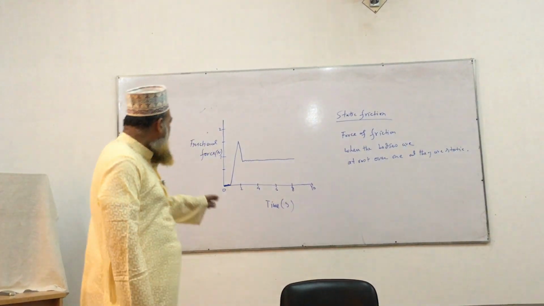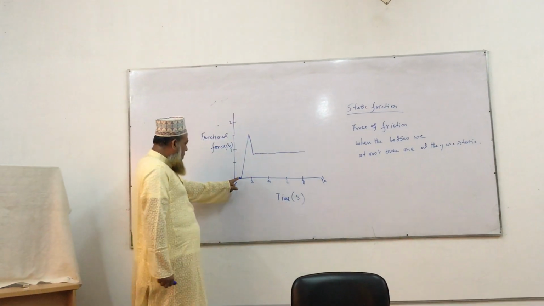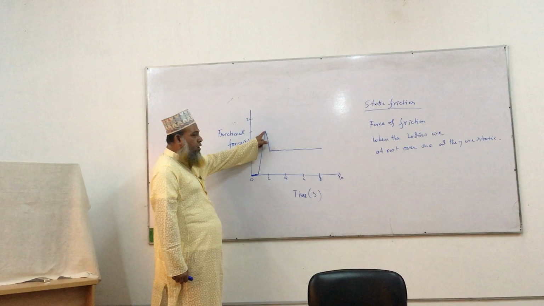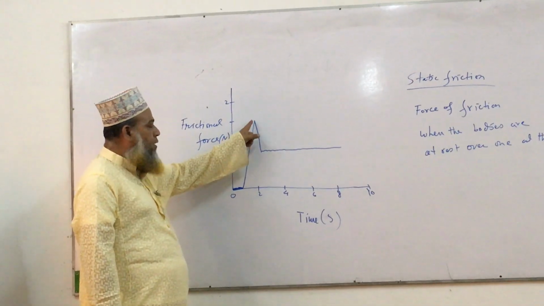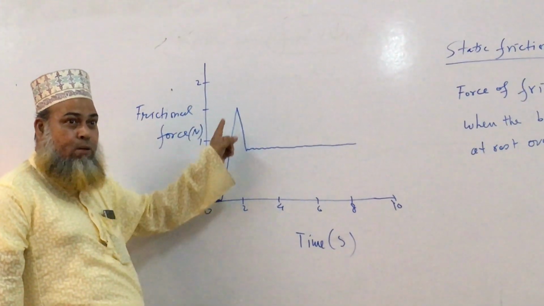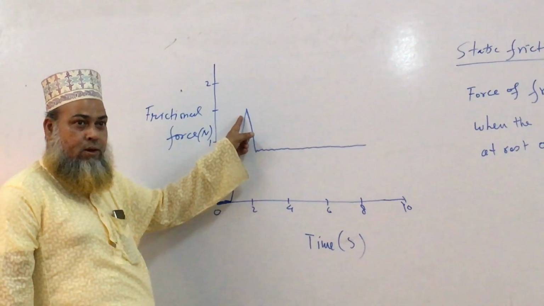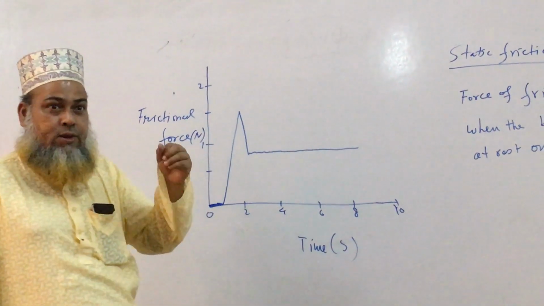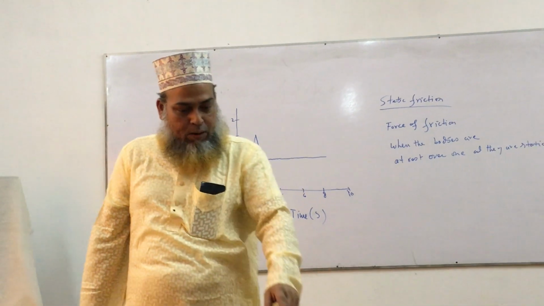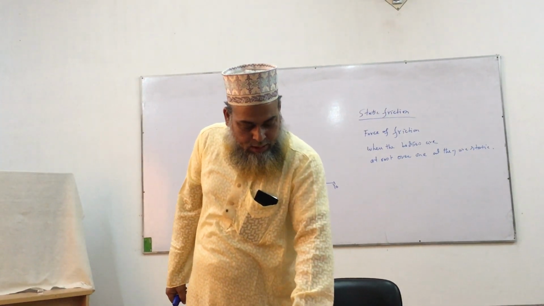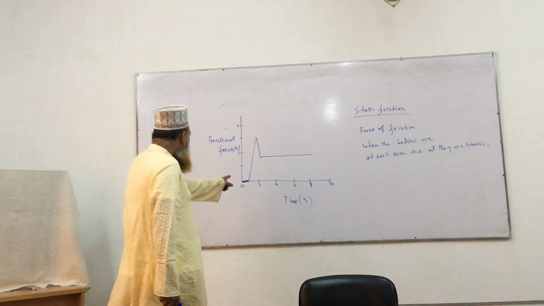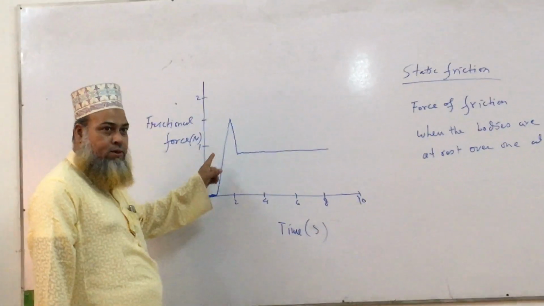Okay, now to this part. What is the maximum of frictional force here? Our 1.5. This is the maximum of frictional force, and in this portion no motion actually happens.